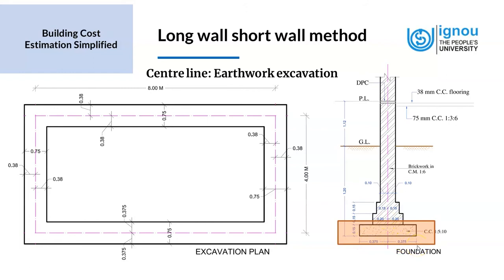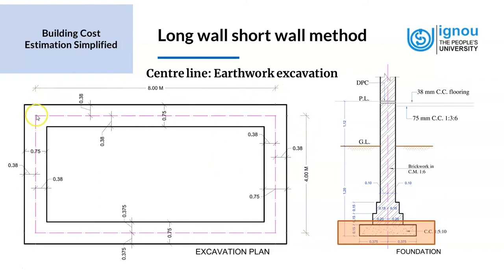Total is 0.75. So we draw the central line, and the dimensions of the central line are 4 meters and 8 meters.